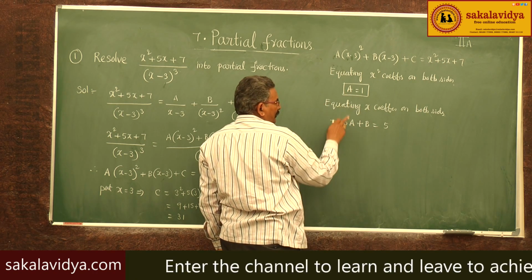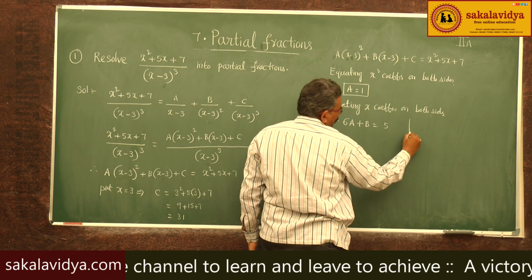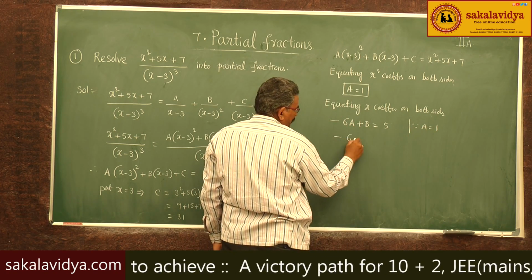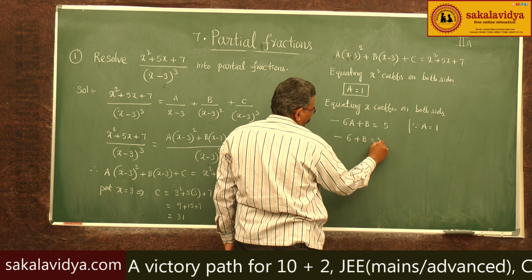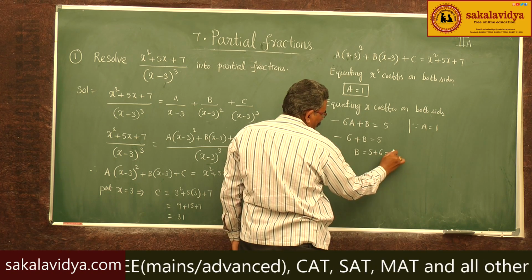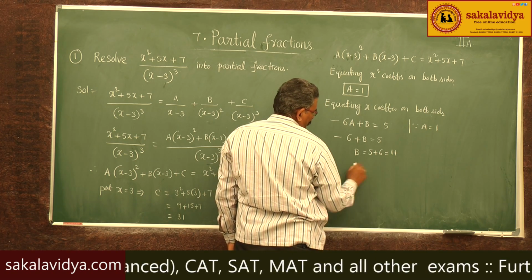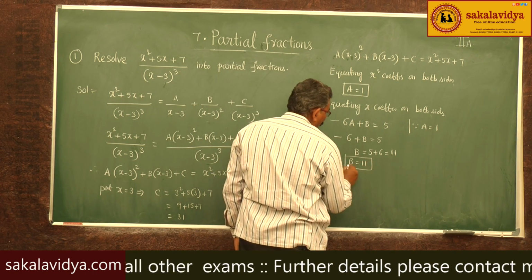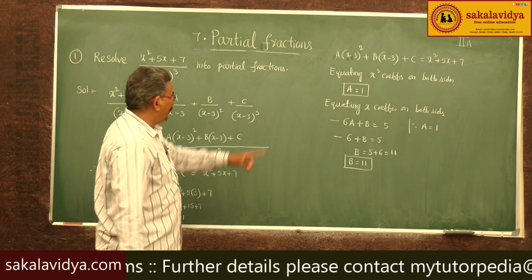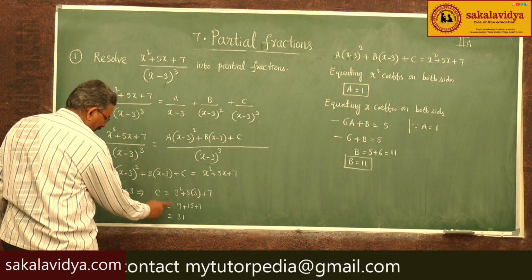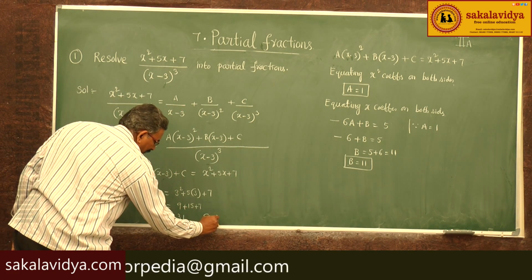Already we know the a value, substitute here. Since a equals 1, minus 6 plus b equals 5. Now b equals 5 plus 6, which equals 11. So b equals 11. Now we know the a value, b value, and we know the c value also, that is 31.